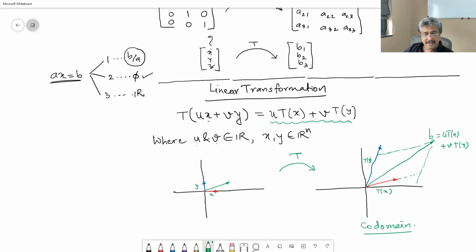What is this vector? This vector is u times x plus v times y, the green vector in domain. Its image under t, that is why t of ux plus vy is equal to this.